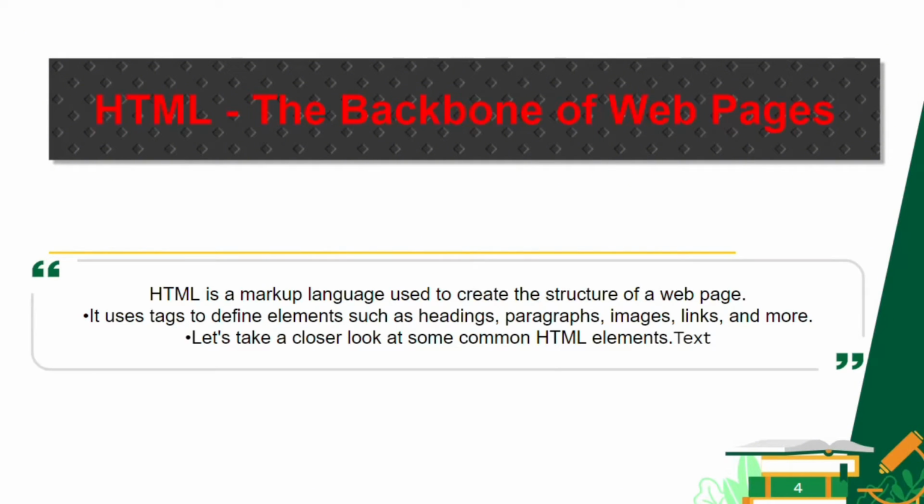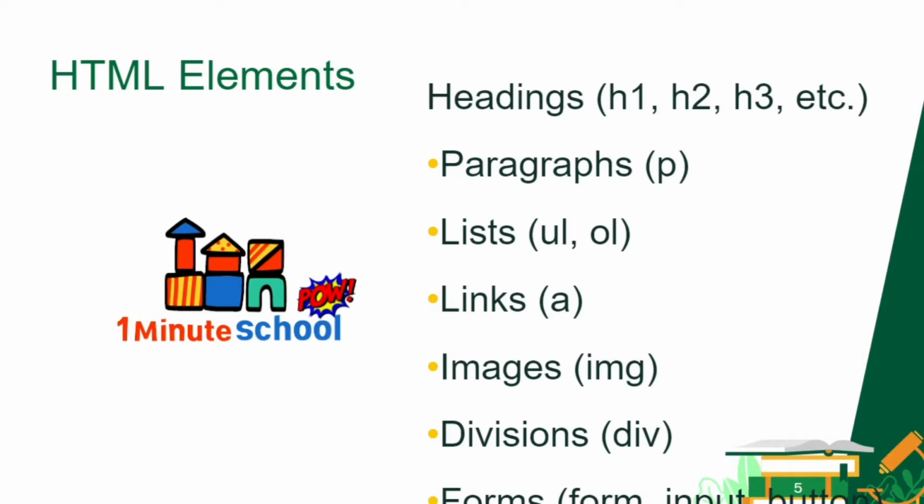So, HTML is a markup language used to create the structure of a web page. It uses tags to define elements such as headings, paragraphs, images, links, and many more. Let's take a closer look at some common HTML element tags. So I'm gonna show you.